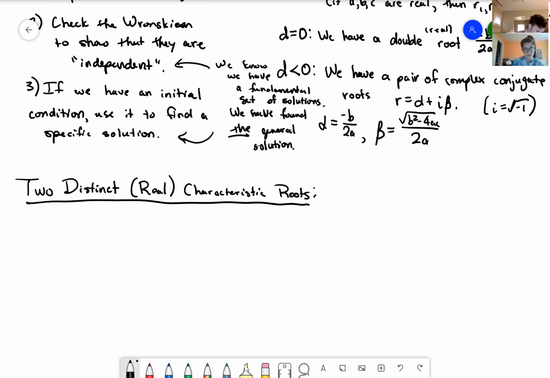So this is the first case, sort of the easy case. And this is the one that we looked at yesterday. So we'll have two solutions. We'll have two distinct roots, and our solutions will be y1 equals e to the r1x, and y2 is equal to e to the r2x.